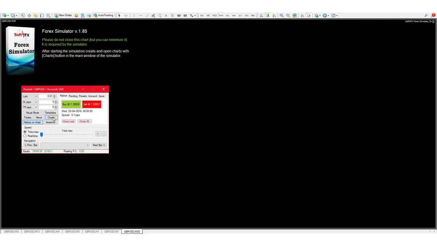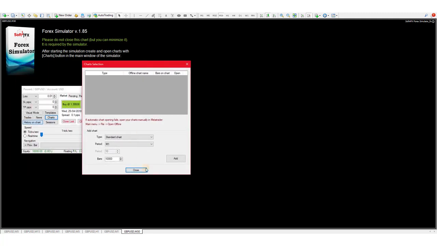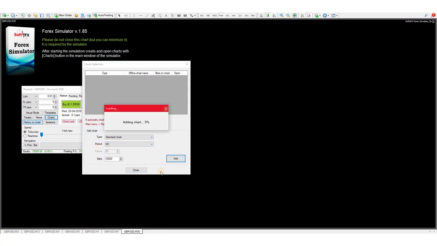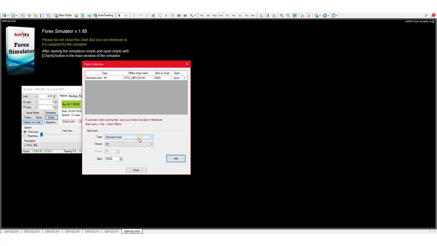Let's do the charts. What I am looking for now is I want to trade on 1 minute, so I'm adding this. Then I want to use the M15 as mentioned in the course for imbalances.